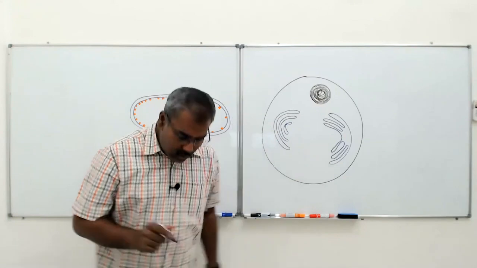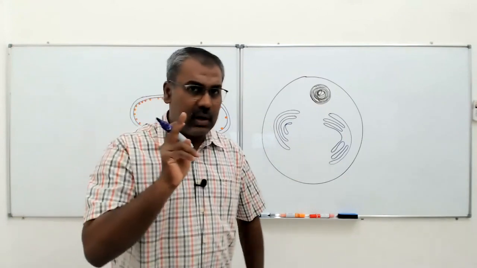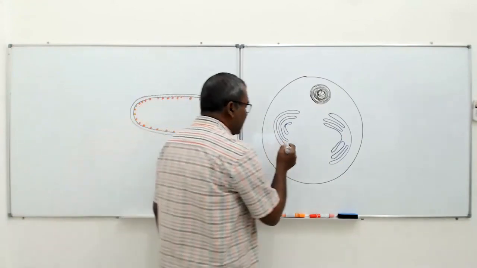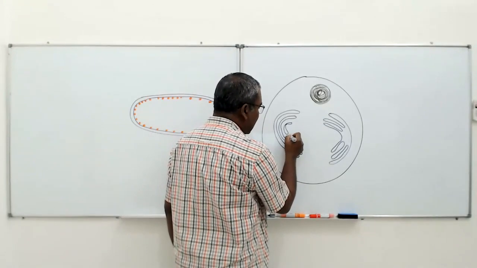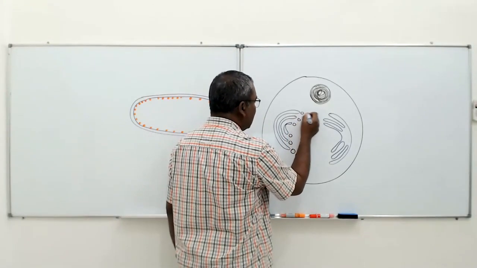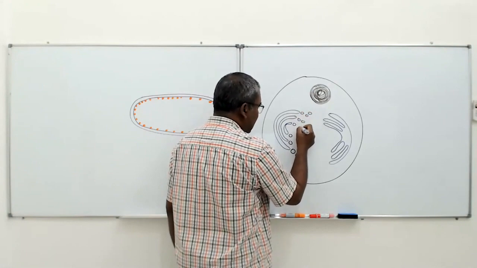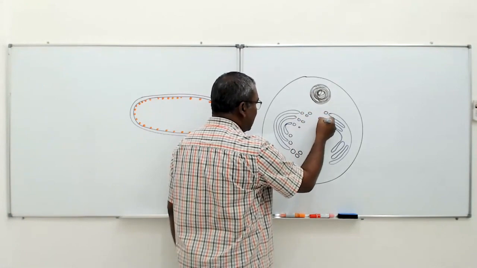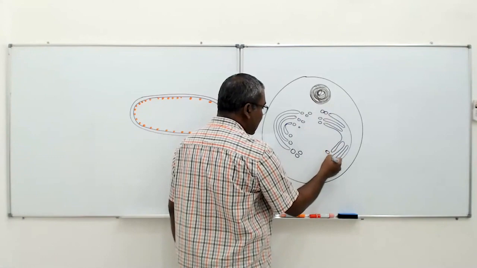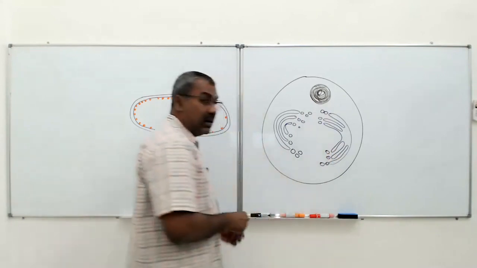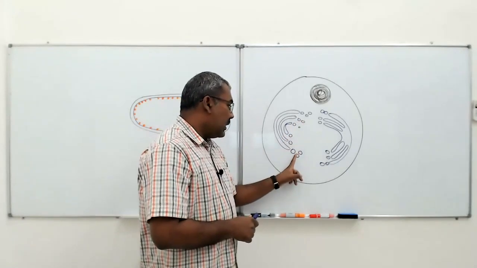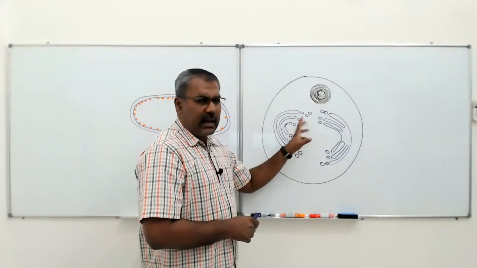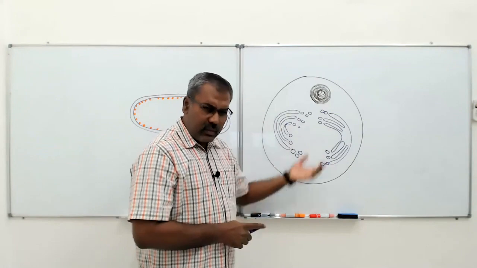Dan how to make sure this is Golgi apparatus ialah kamu akan tengok di hujung ni ada bulatan-bulatan seperti ini. There are round things like this at the end of the Golgi apparatus. Ada nama benda-benda bulat ni kita akan belajar kemudian.